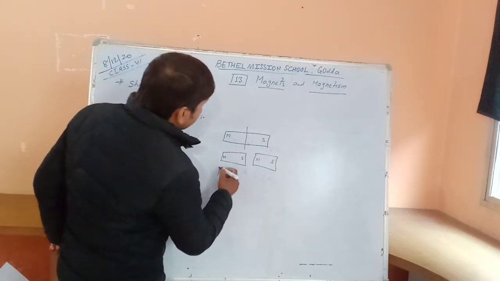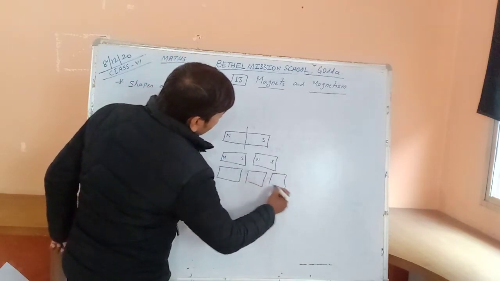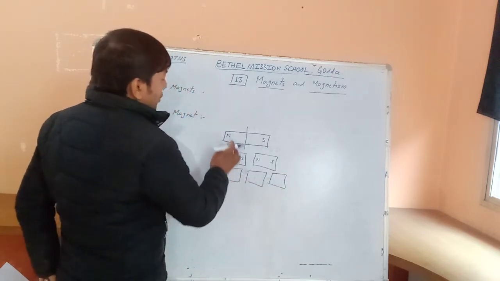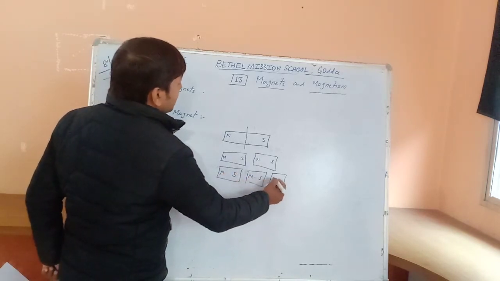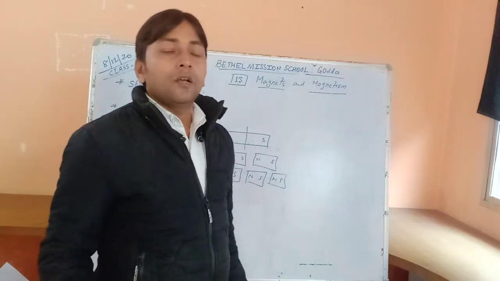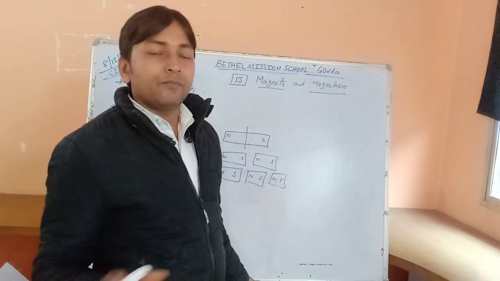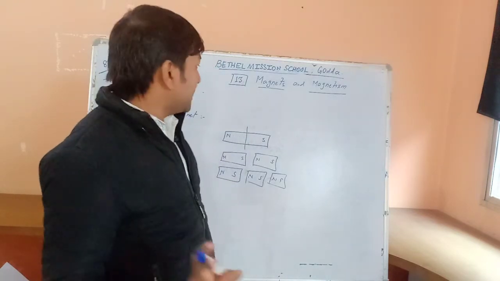If you break it into three smaller parts, it is north, south, north, south, north, south. You can't separate the poles. Okay, I hope you got it.